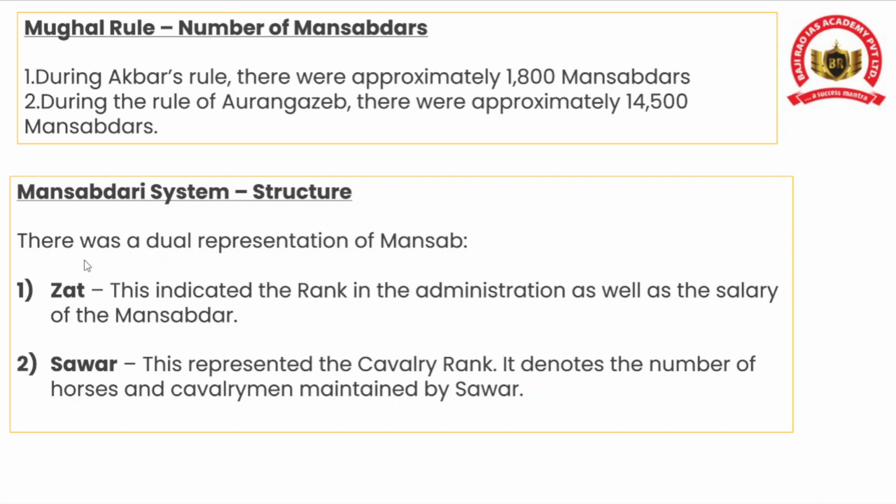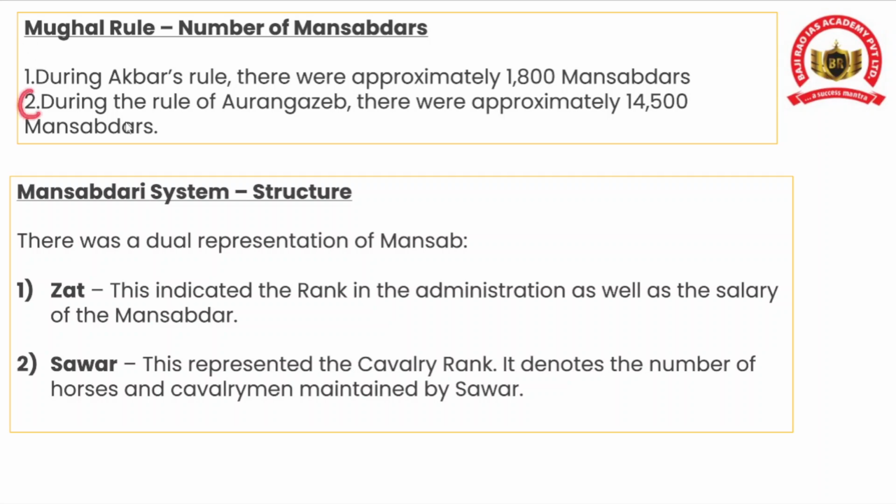Now, the total number of Mansabdars under Akbar's rule was 1800. On the other hand, during Aurangzeb the number of Mansabdars increased manifold, to 14,500.